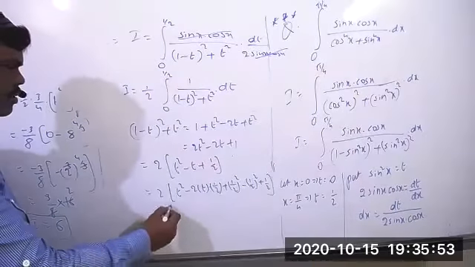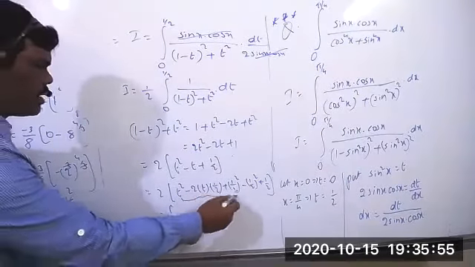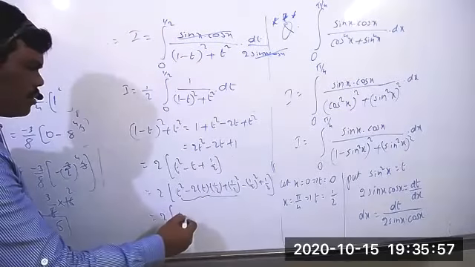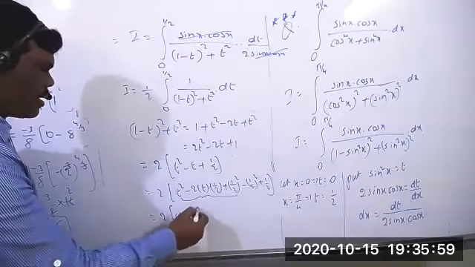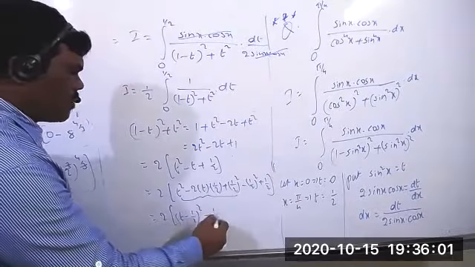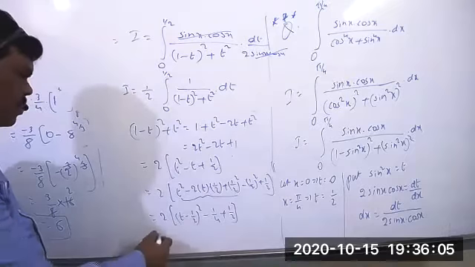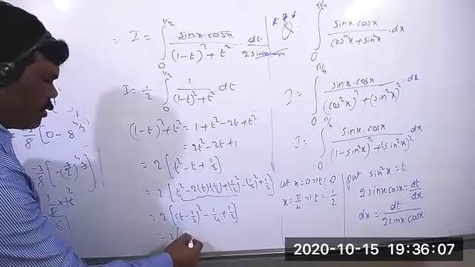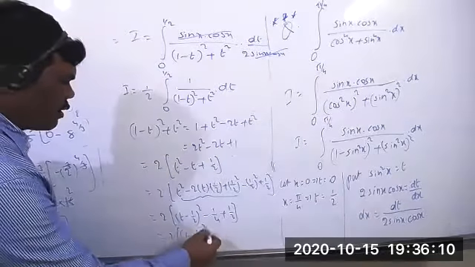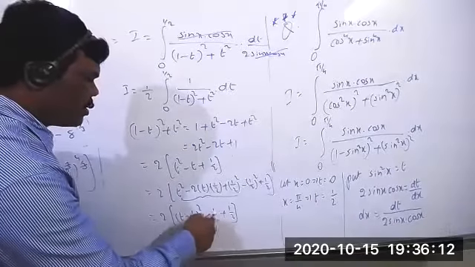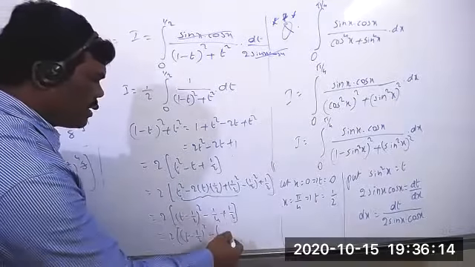Now we can write it as 2 into a minus b whole square. So t minus 1 by 2 whole square minus 1 by 4 plus 1 by 2. So 2 into t minus 1 by 2 whole square minus, if you take in common, this is positive, this is negative.